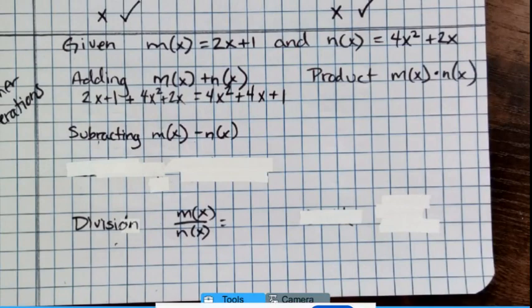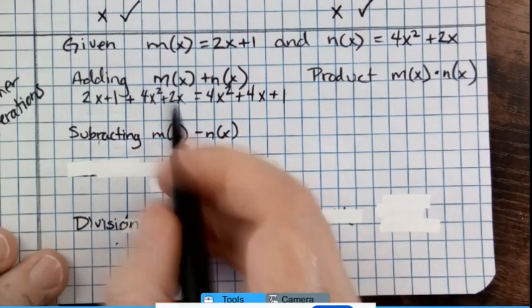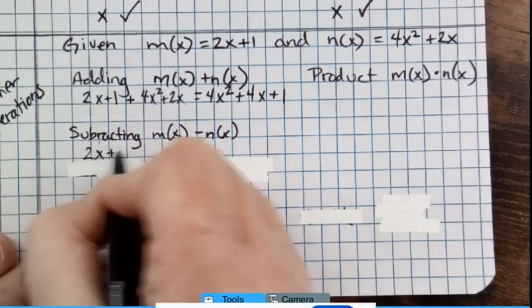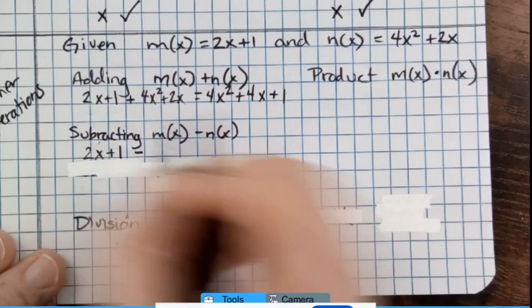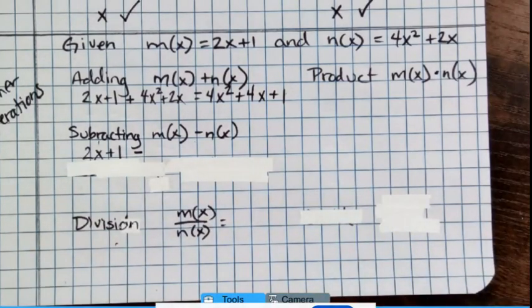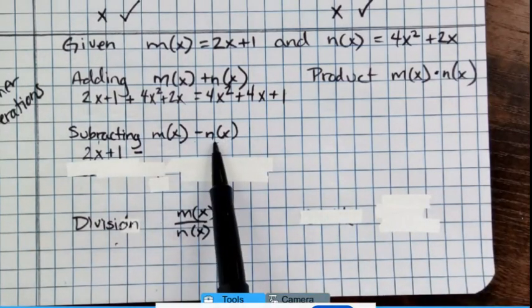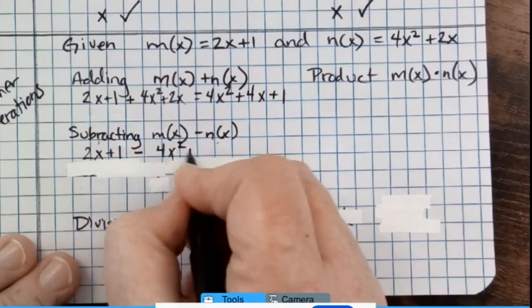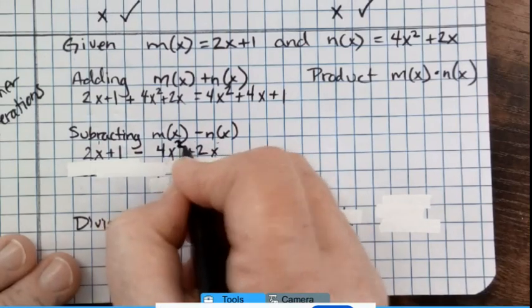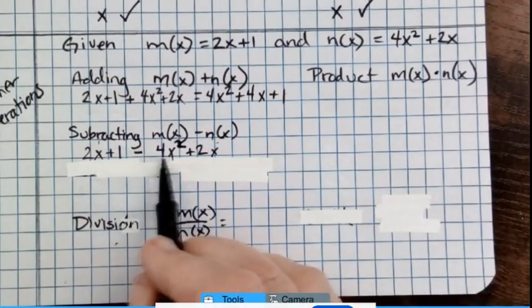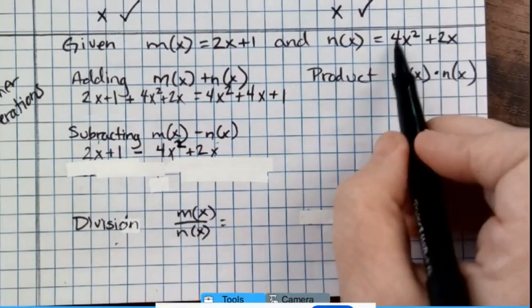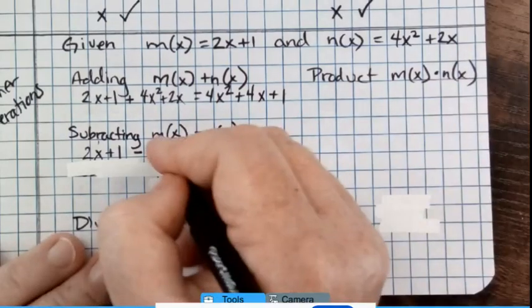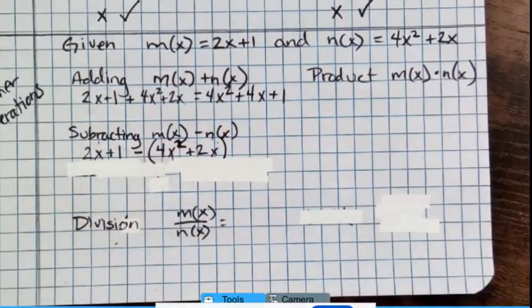Subtracting is similar, except you need to be careful because it is subtracting. So if we do m of x, 2x plus 1, and we subtract, and here's where it gets a little tricky. You're subtracting all of n of x. If I just write here 4x squared plus 2x, this is not correct because I would only be subtracting the 4x squared. I have to subtract all of n of x, so I need to put it in parentheses, which means you need to distribute the negative.